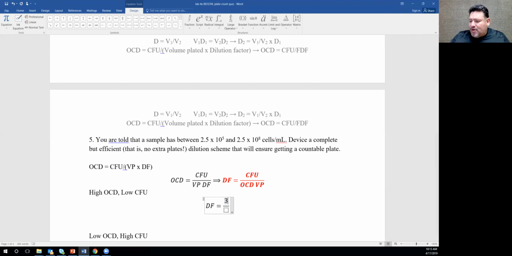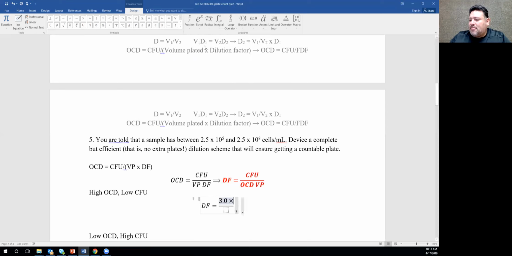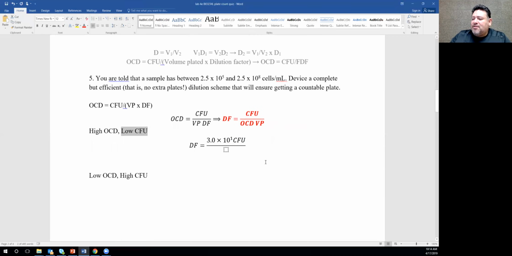So we go 3.0 times 10 to the first CFU, because 3 times 10 to the first is 30. That's my low CFU. Now let's do the other calculation. Put it down here.